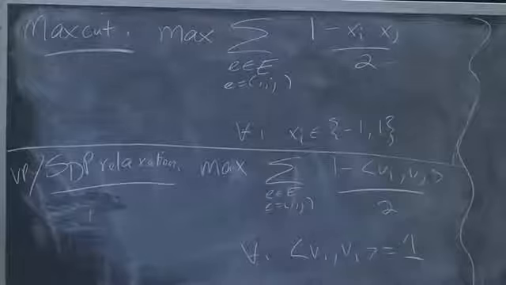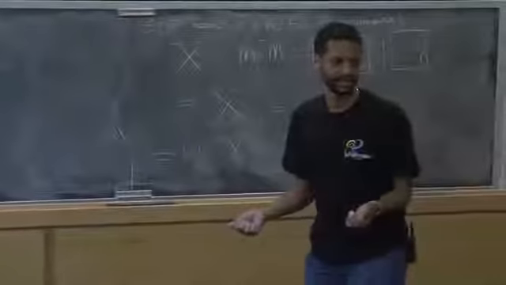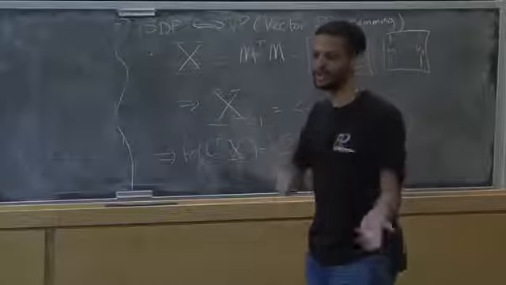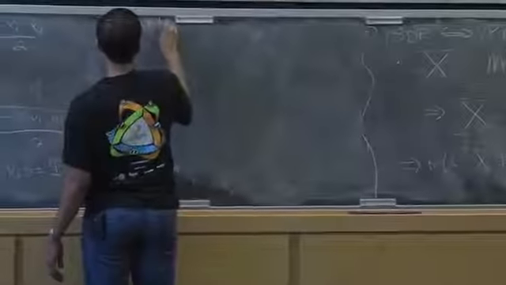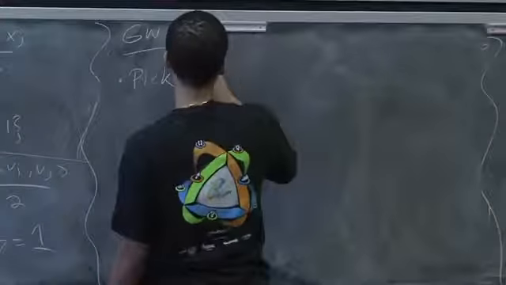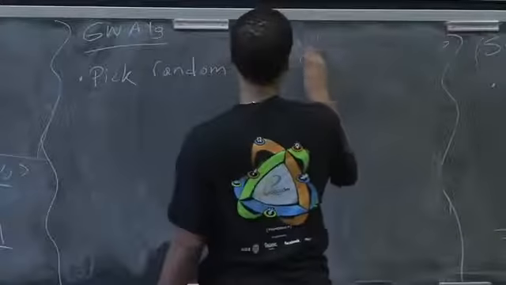Okay, but now we don't get a bunch of minus 1s and 1s telling us left or right in the partition. What we get is a bunch of unit vectors. So now how do we actually turn those vectors into a partition? So the algorithm, the Goemans-Williamson algorithm, is pick a random hyperplane, pick a random r in R^n.